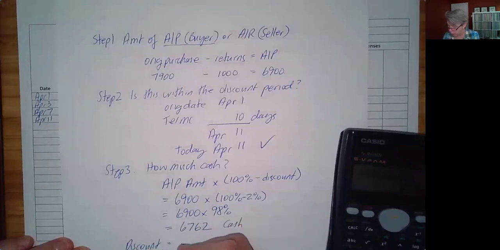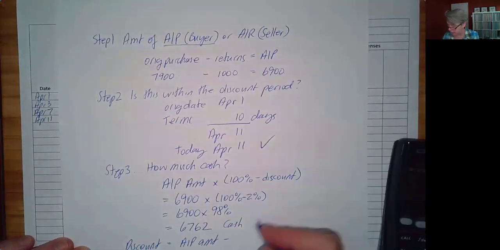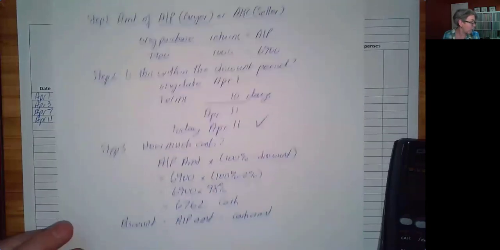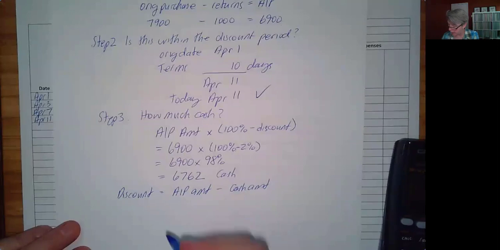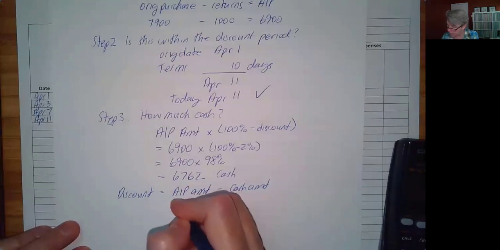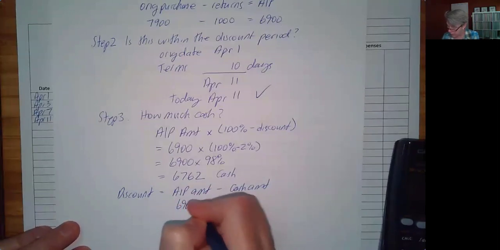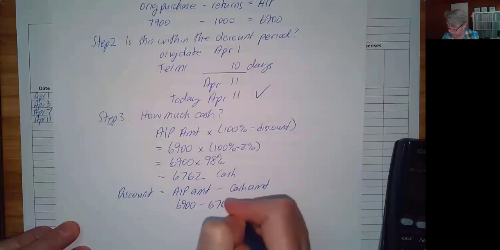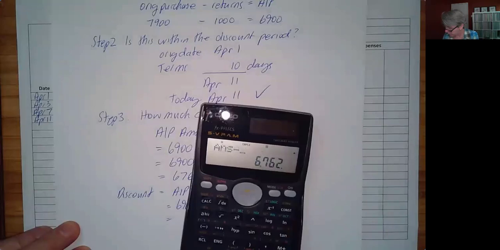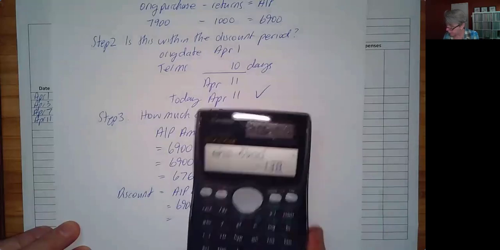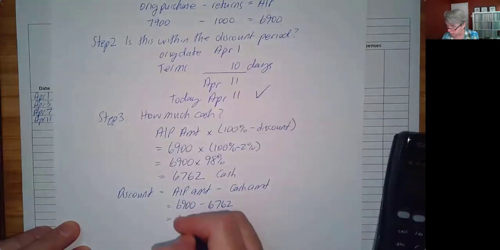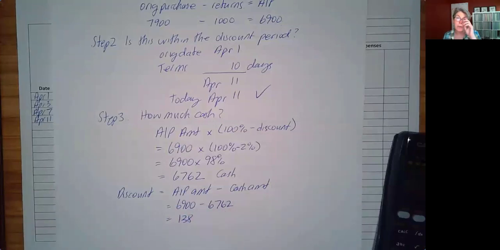We're going to take the original AP amount and subtract the cash amount. AP amount is 6,900. Cash amount is 6,762. So what's the discount amount? The discount amount is $138. So $138 is the amount of the discount.